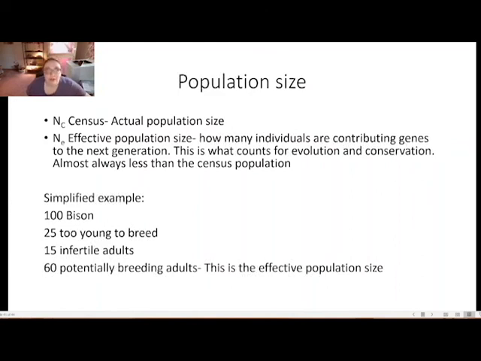So you don't have 100 bison for your effective population size. You only have 60, and that's really the number that matters. You could have a huge population of individuals and then have a ton of those individuals being old and unable to breed. Those individuals really don't matter for conservation or evolution because they are past the point where they are able to pass on their genes to future generations.